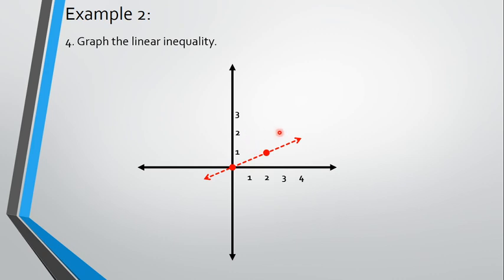So here is 2, 2. Using this testing point, we can know whether our shaded plane will go through the northeast direction, or the south, or the northwest direction, or the southeast direction.